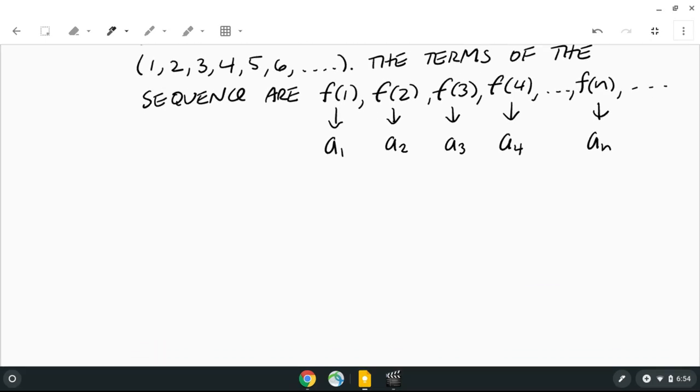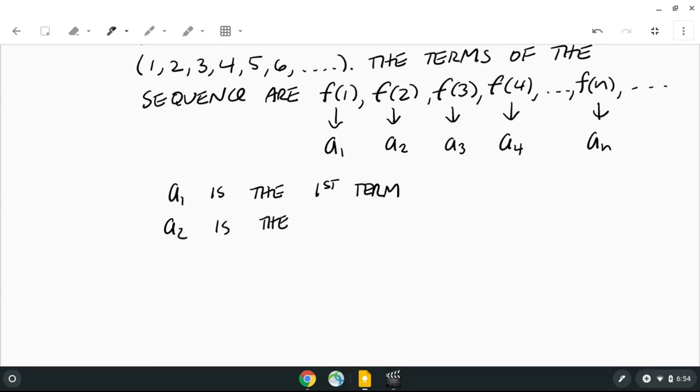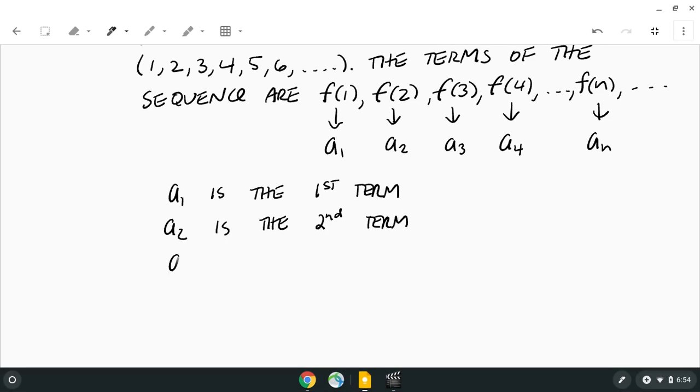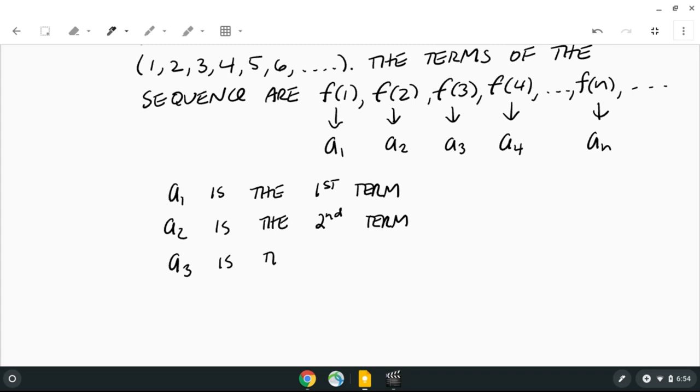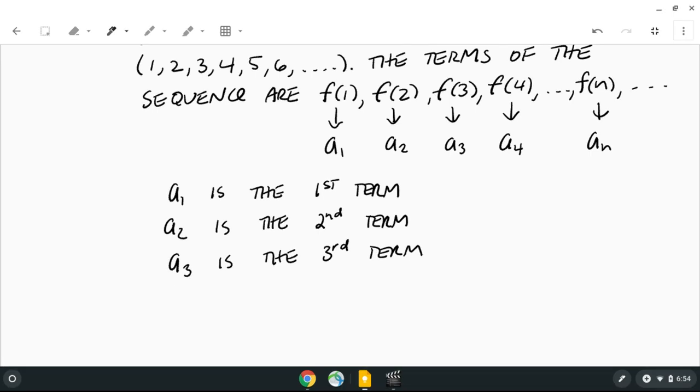So here, A1 is the first term. A2 is the second term. A3 is the third term. And we keep on going.